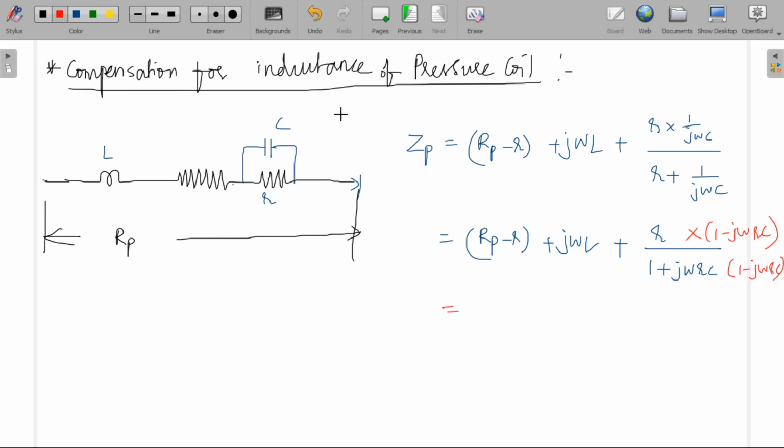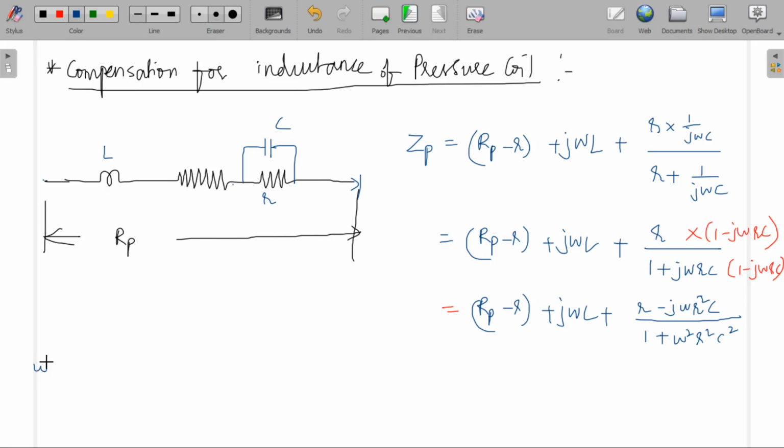Then you're going to get Rp minus R plus j omega L plus R minus j omega R square C by 1 plus omega square R square C square, since minus j square means plus.